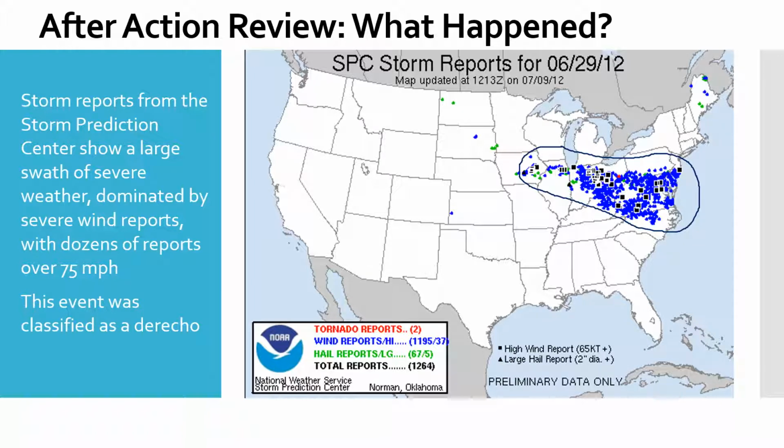These represent a very strong, mostly straight line wind event where damaging winds from a line of thunderstorms, a squall line, caused wind damage over a very large area.